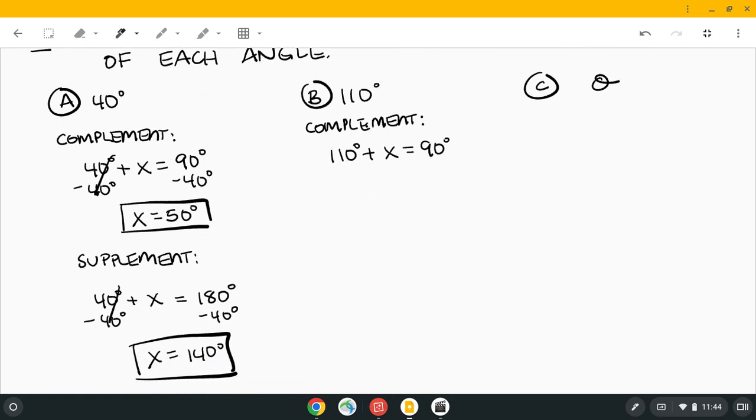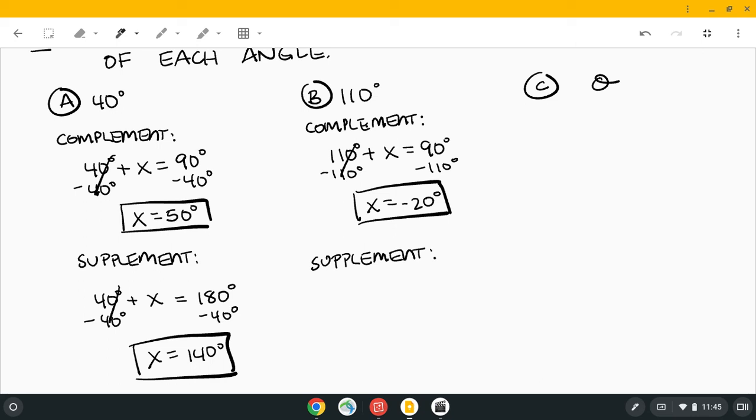So let's solve for x. Subtract 110 from each side, and you should get x equals negative 20 degrees. That is a perfectly fine answer.